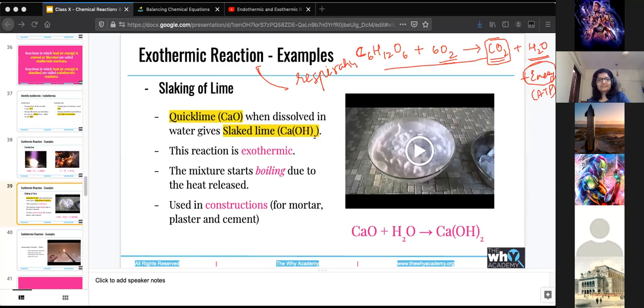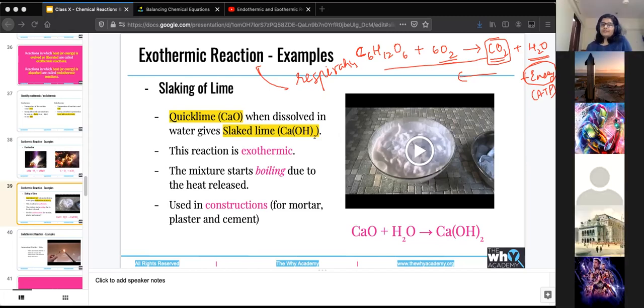Photosynthesis is actually endothermic. Sunlight is used up as a form of energy. So in photosynthesis, the reverse reaction is happening. Photosynthesis is the opposite of respiration. In photosynthesis, plants take carbon dioxide and water, then they use sunlight.